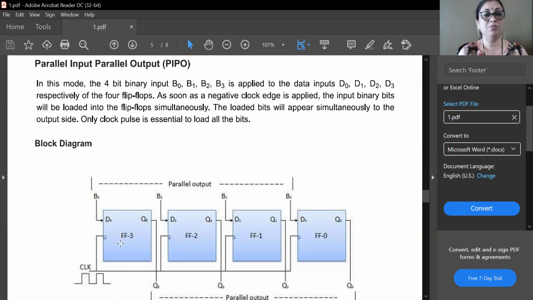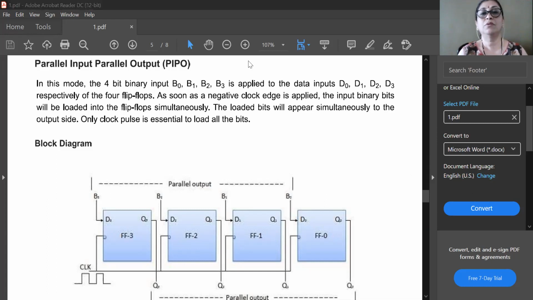So here you can observe flip-flop number 3, flip-flop number 2, flip-flop number 1 and flip-flop number 0. Okay, so this is acting as MSB. This is your MSB and this is your LSB.